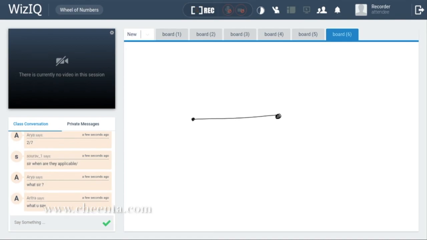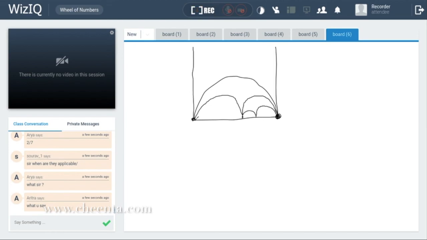We have two verticals. Let's keep them as they are. We have now a semicircle like this. Then we have two semicircles like this. We have two like this.